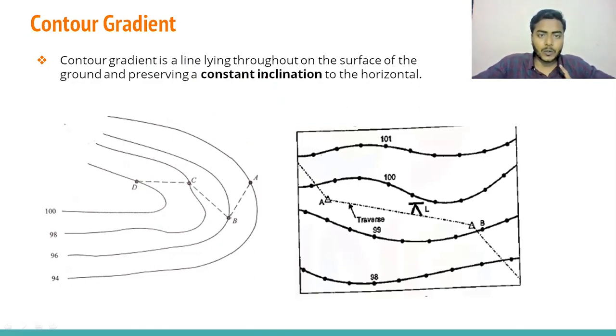Once you see the contour gradient line going up, with the ground going above this contour gradient, then we can say that these two points are not visible. In the figure, you can see A to B, this dotted line, B to C, D to C. These are the contour gradients, whose inclination is constant with the horizontal.